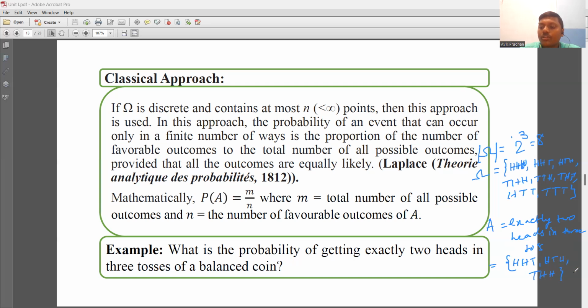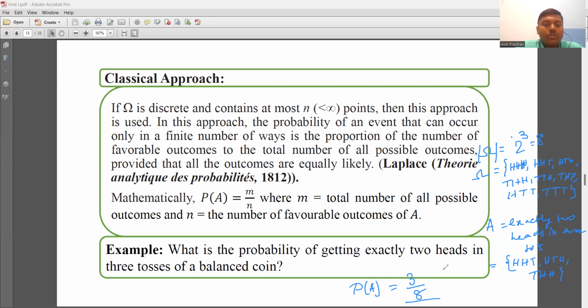So these are the only outcomes which are in favor of the event A. According to this approach, we can assign the probability of A as the number of favorable outcomes, that is 3 here, divided by total number of outcomes, which is 8 here. So the probability of A will be equal to 3 by 8.